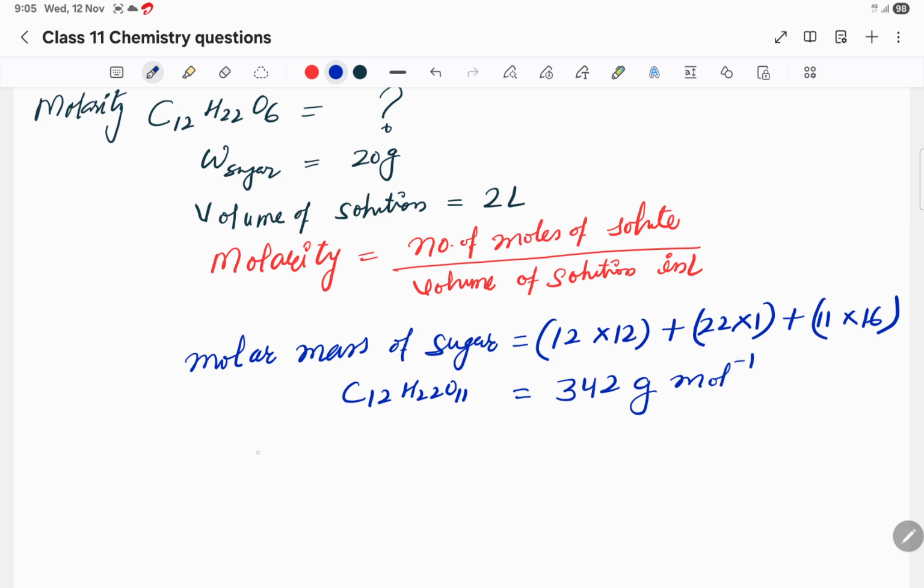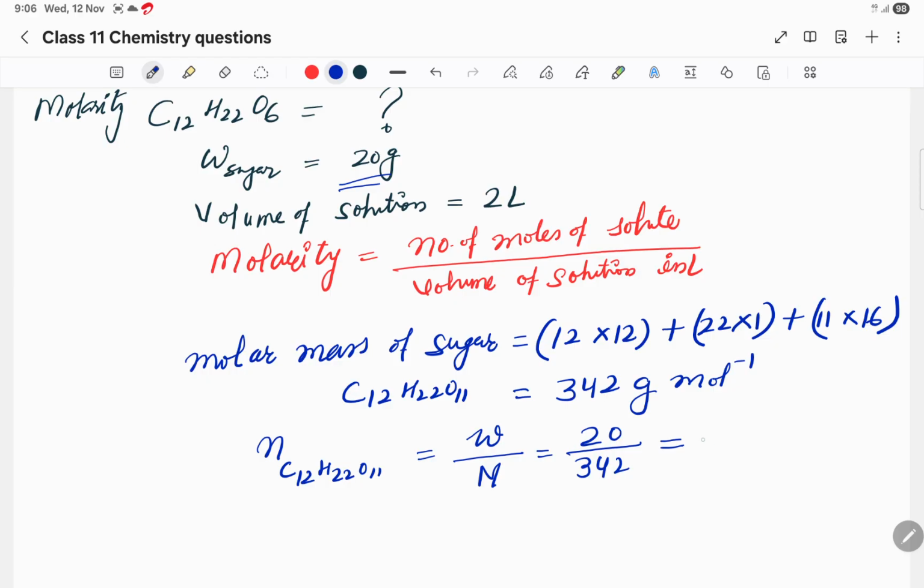Okay, so we can calculate now number of moles of sugar. Number of moles of sugar is given mass divided by molar mass. So given mass is 20 gram divided by 342, right?